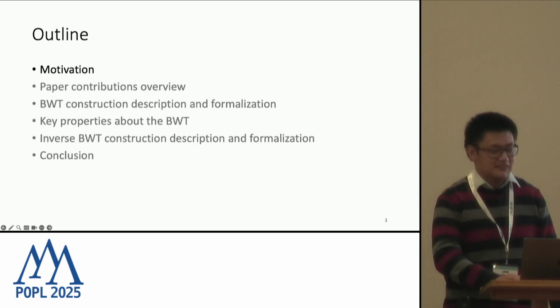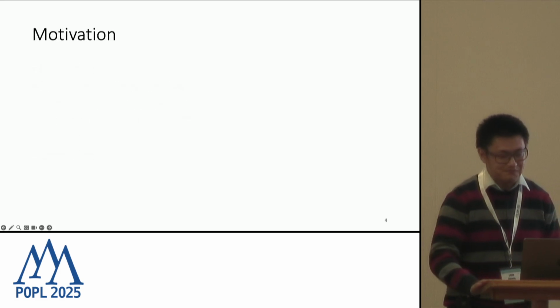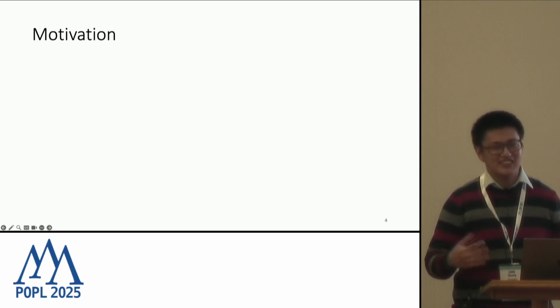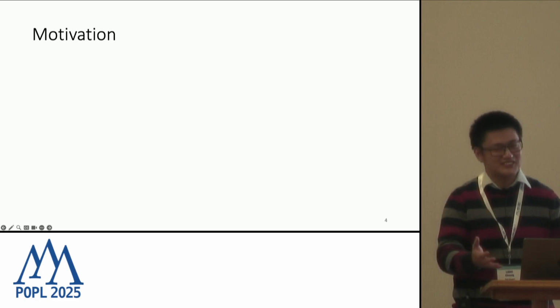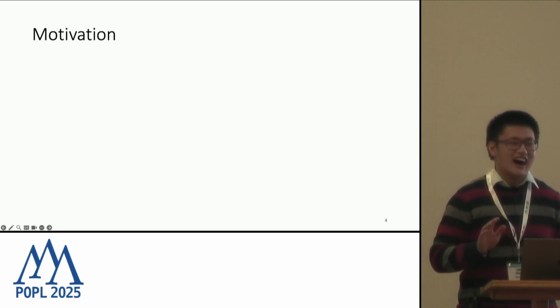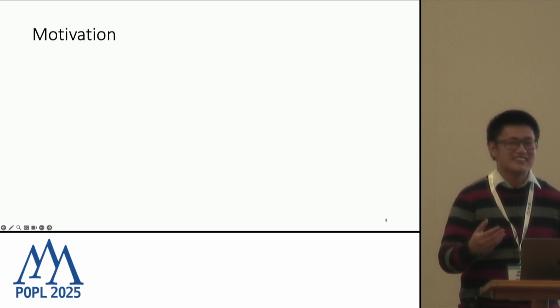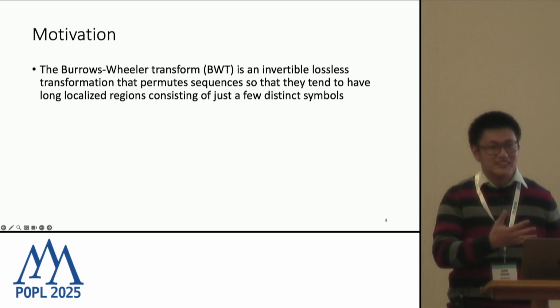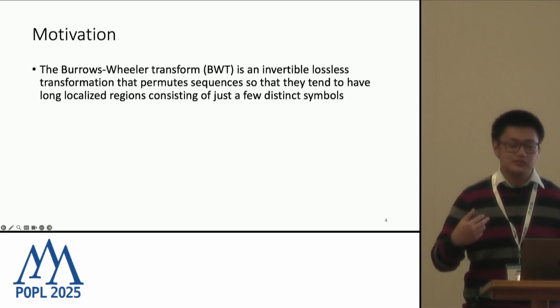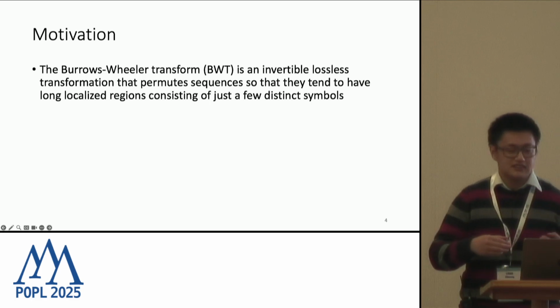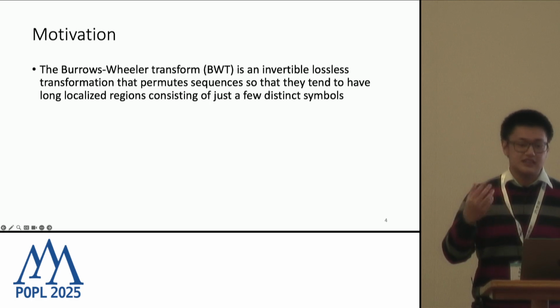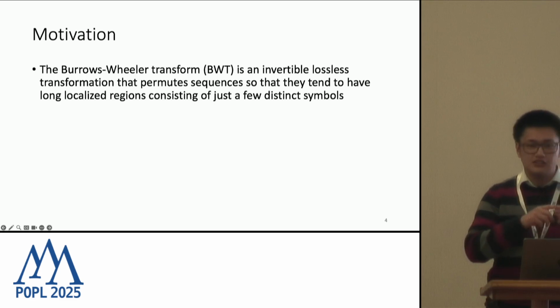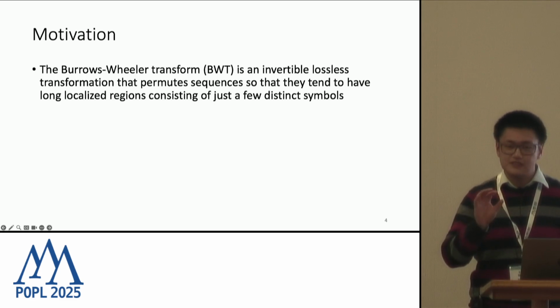So without further ado, the motivation. I thought the Burrows-Wheeler transform is a very cool transformation. But to convince other people to want me to do this project, the reason is that the Burrows-Wheeler transform is an invertible data transformation that tends to permute sequences so that they have long runs where there are just a few distinct symbols.